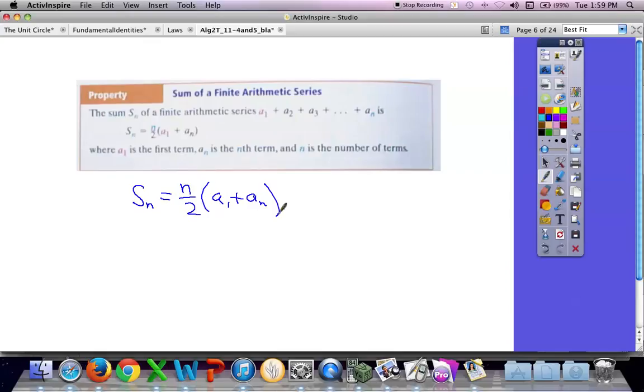N equals number of terms. We already know what the A1 is. We've been using that now for a couple of days. A1 means the first term that you're adding up. And if, for example, I was finding S10, like on that last one, then A10 would be the last term. So whatever this thing is, that's supposed to represent the last term you're adding up.